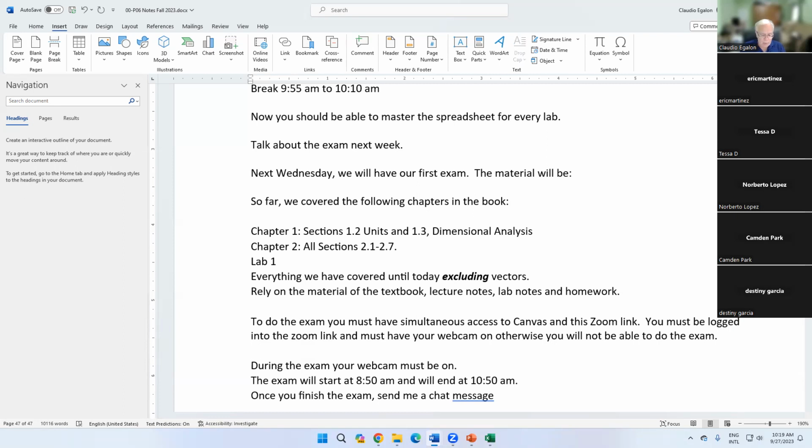Okay. If you don't have a working webcam in your computer, you can use the camera in your cell phone, right?